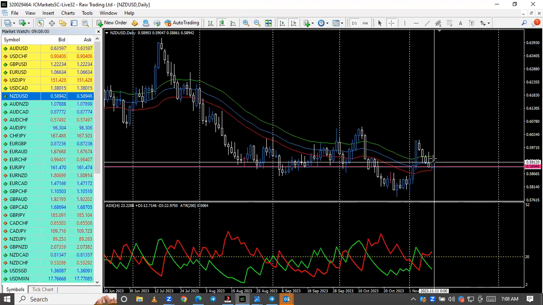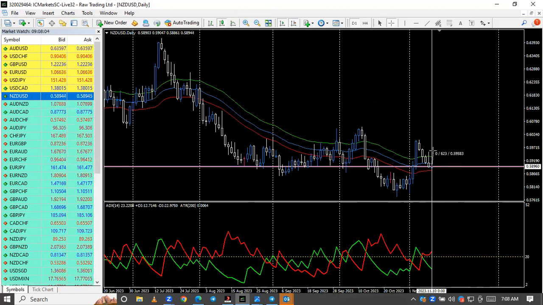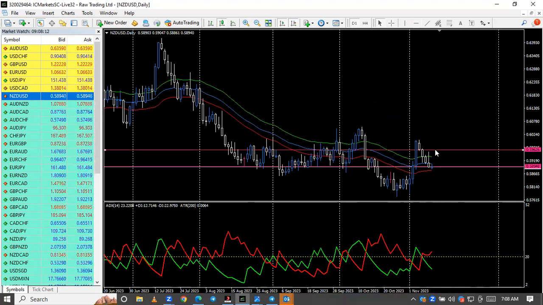So I'll calculate 64 points from this point and see that it's at an average of 0.5961, 0.5962 there. And then you calculate the one ATL value once again at 64 points, which is at 0.5827. This is where your initial target should be.